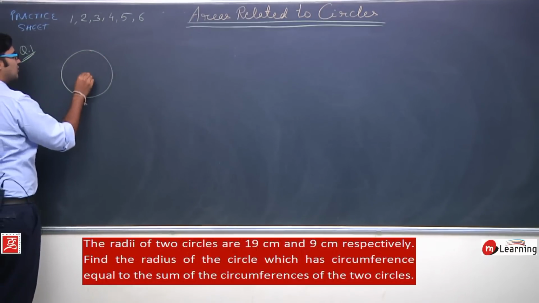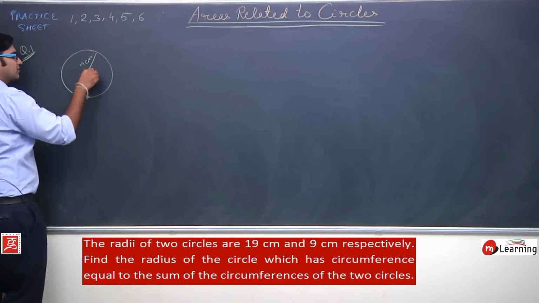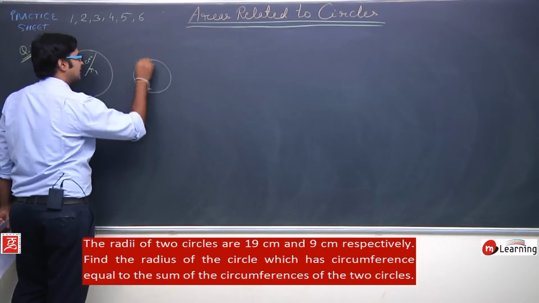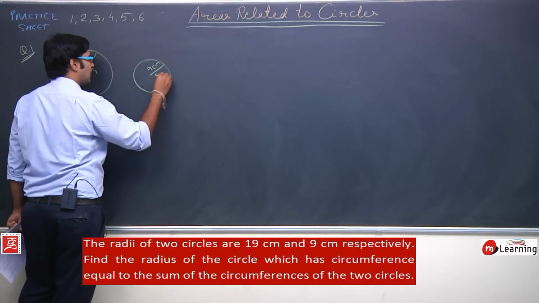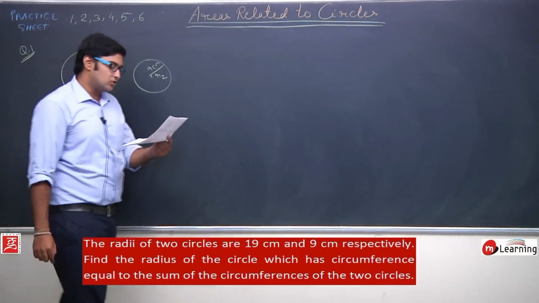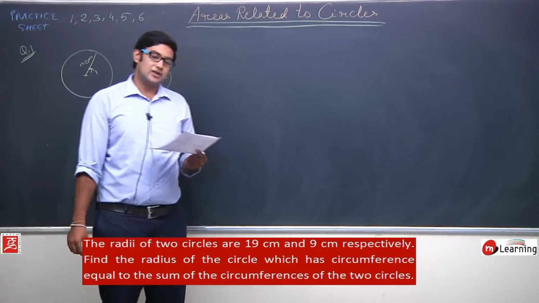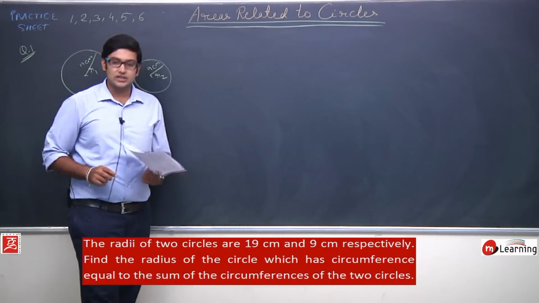The first circle is of 19 centimeter radius, let us say this is R1, and the second circle is of 9 centimeter radius, let us say this is R2. So these are the two circles, and we need to draw a circle whose circumference is equal to the sum of circumferences of both the circles.